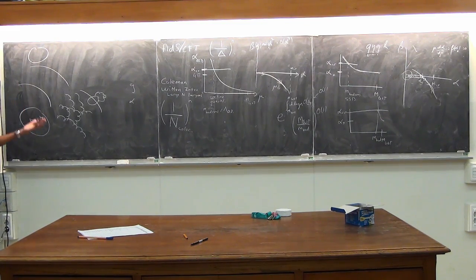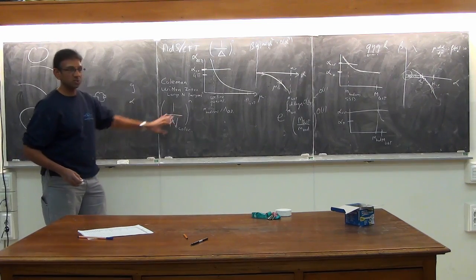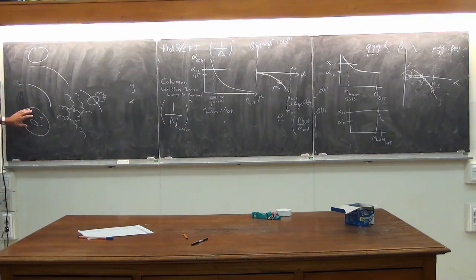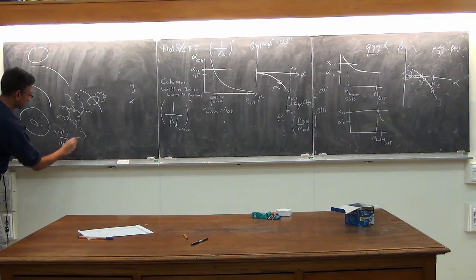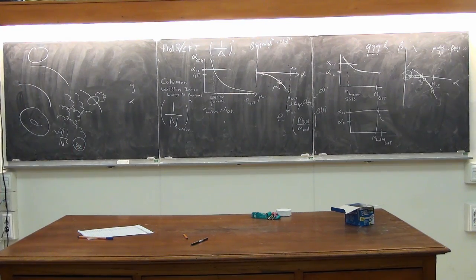So emergent from the analysis, you suddenly find the classes of Feynman diagrams that look like this are 1 over N squared smaller than the classes of diagrams that look like the sphere. And this is the source of your insight. Then you try and figure out which physical effects happen at this order, which physical effects happen at this order, and you get enormous insight into how the theory works.